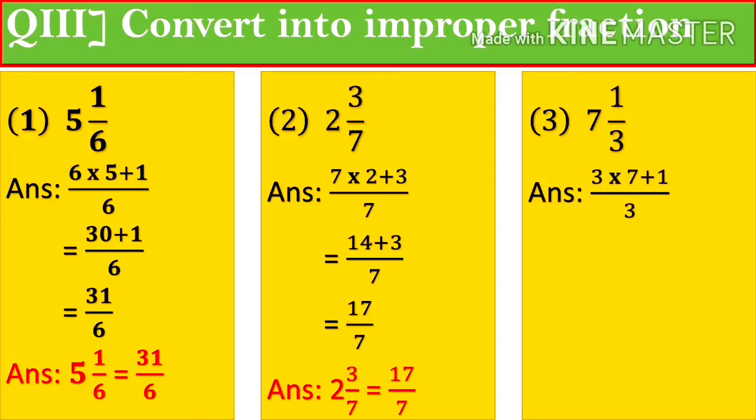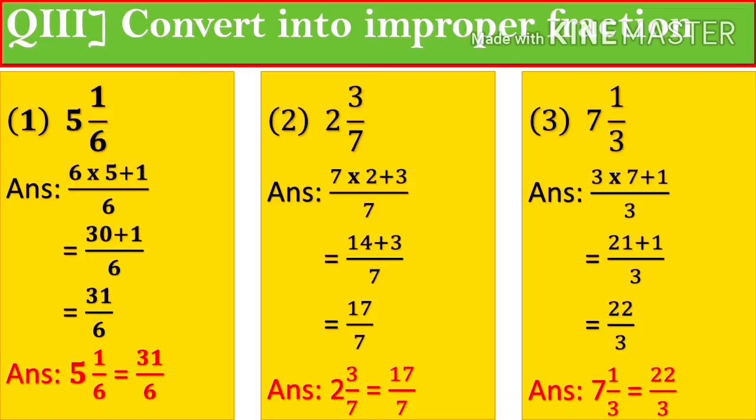So here our answer is 3 into 7 plus 1 upon 3. 7 threes are 21 plus 1 upon 3. 3 is our denominator. Denominator never changes. So 21 plus 1, how much, students? 22. So here we get 22 upon 3 as our answer. Understood how to convert into improper fraction?